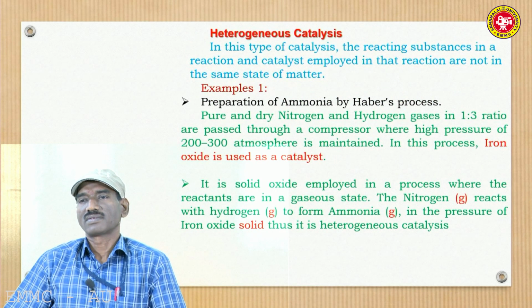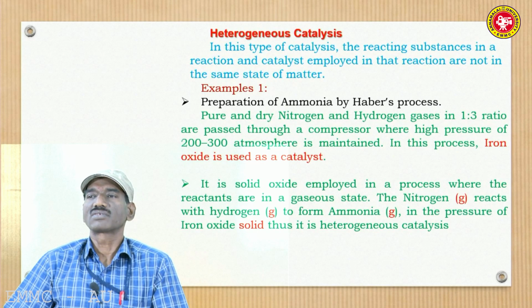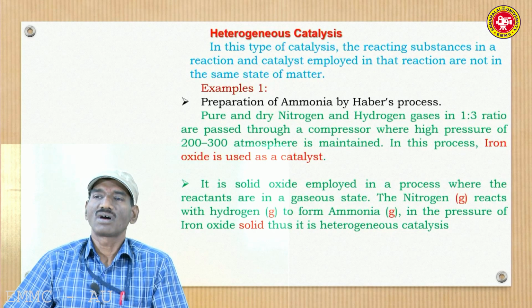Heterogeneous catalysis. In this type of catalysis, the reacting substances in the reaction and the catalyst employed in that reaction are not in the same state of matter. Example 1, preparation of ammonia by the Haber process. Pure and dry nitrogen and hydrogen gas in a 1:3 ratio are passed through a compressor where a high pressure of 200 to 300 atmospheres is maintained.